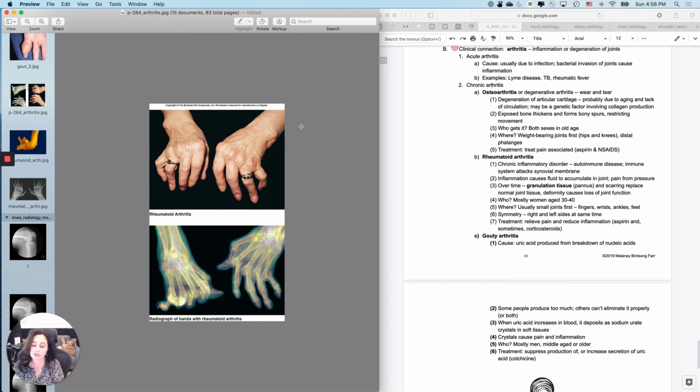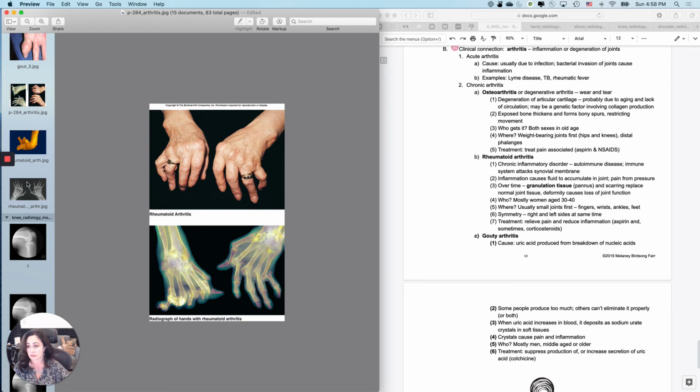The inflammation will cause fluid accumulation and pain. And then over time, because your immune system might not let up, you can get scarring that completely replaces the synovial membranes and the cartilage, and then the damage is permanent. And so this tends to be a progressive disorder.